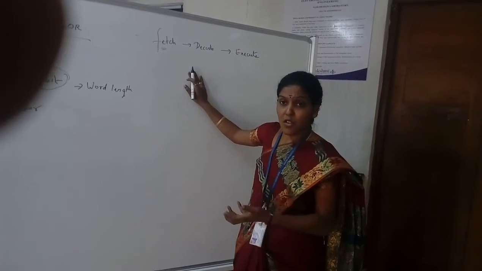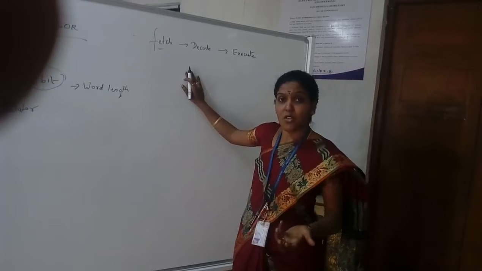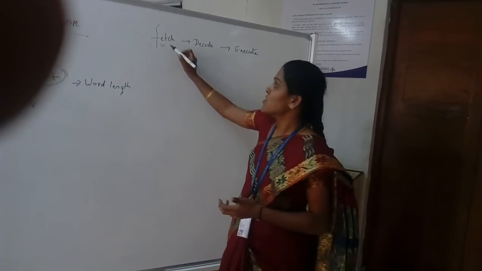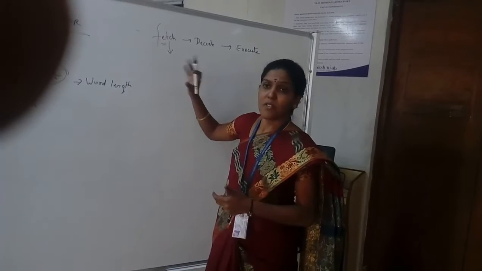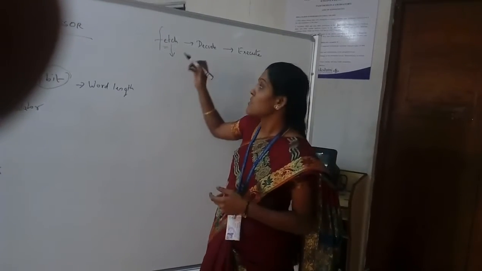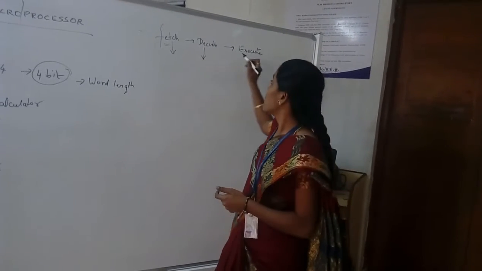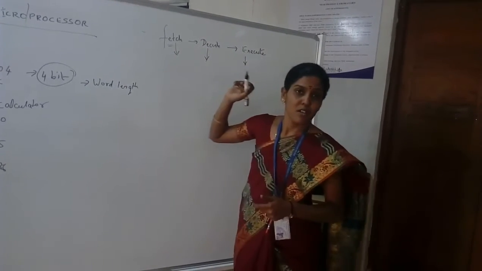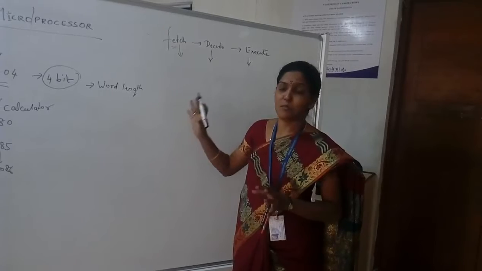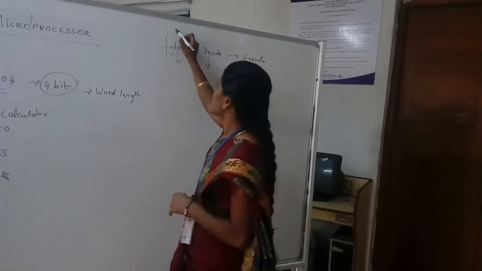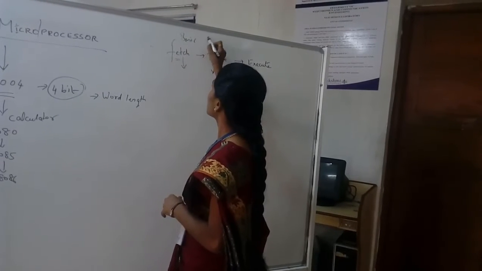Next you take the second component, read the instruction, interpret it and execute it. The same thing: first fetch the instruction, then change it into binary operations, decode it, and then go for the actual execution. Any processor works on these three principles only. These are called the basic operations.